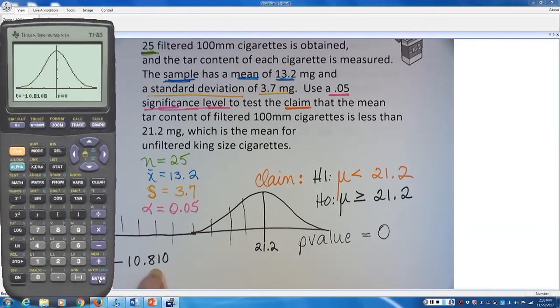That sample falls almost 11 standard deviations, or standard errors, from where they said the center was supposed to be. So the p-value is 0. Alpha's 0.05. What do you conclude? Reject H0.